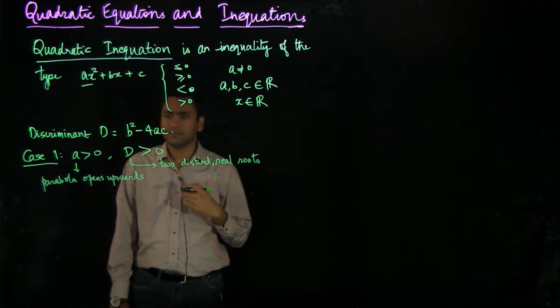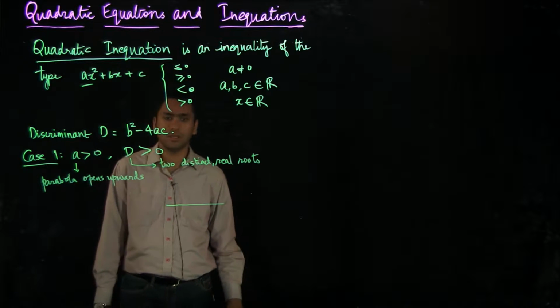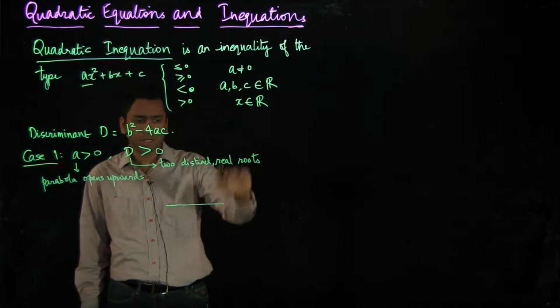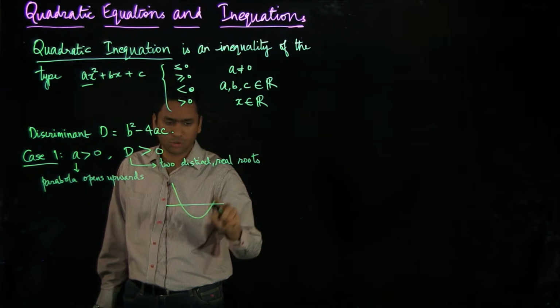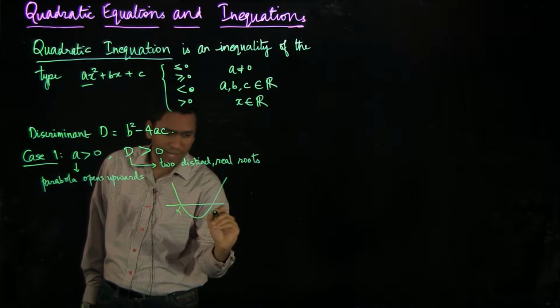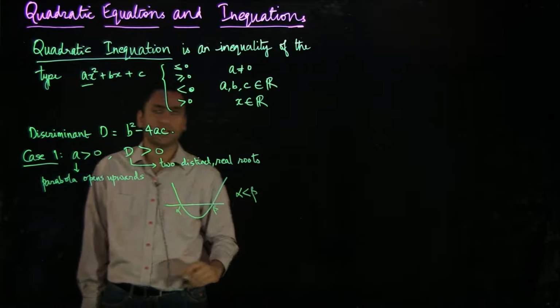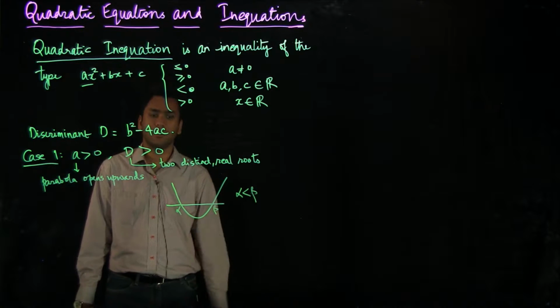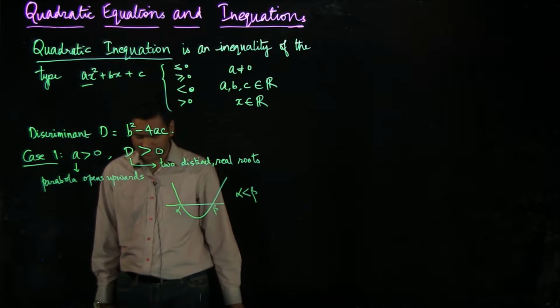So what does this mean? If you were to draw the x-axis and the parabola, the parabola has to open upward and it has to have two intersections with the x-axis. So it will look something like this. And these are the two distinct roots, alpha and beta, and as I have drawn it, alpha is less than beta, because alpha is on the left side on the number line and beta is on the right side.